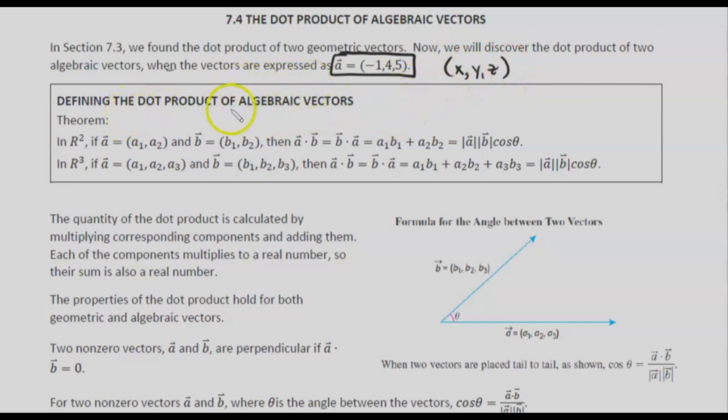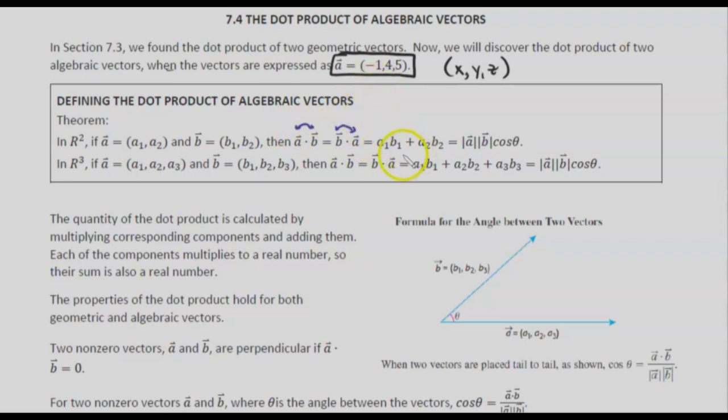Okay, defining the dot product of algebraic vectors. So here's the theorem. In R squared, so like that's 2D, if vector A is A1, A2, and vector B is B1, B2, what we do is when we do vector A dot vector B, that's going to be equivalent to vector B dot vector A. Okay, so you can switch these two around and it's going to be equivalent.